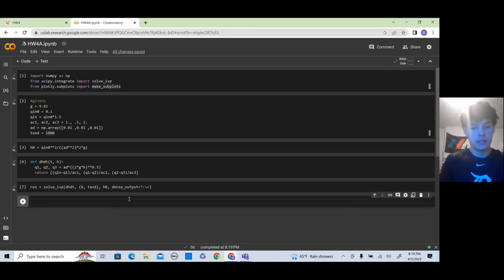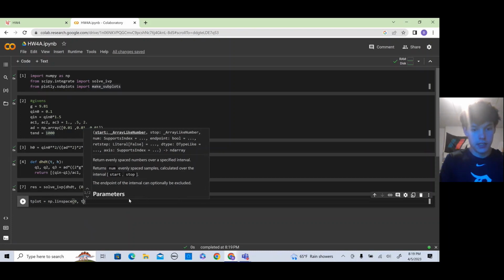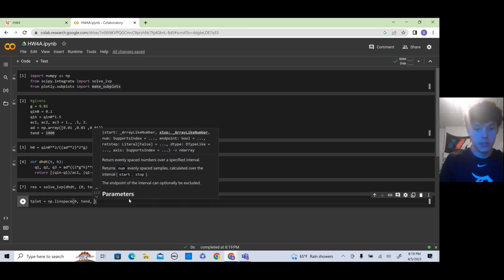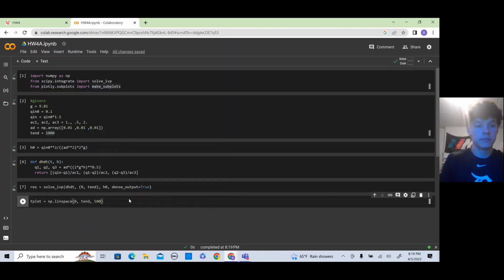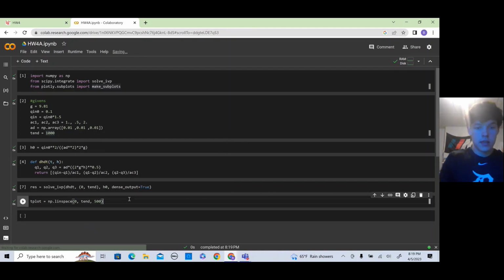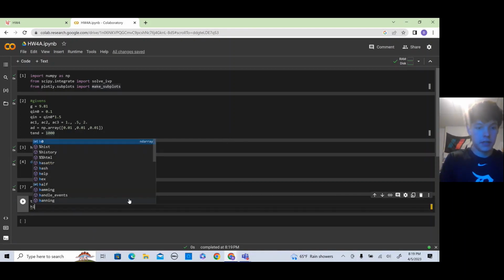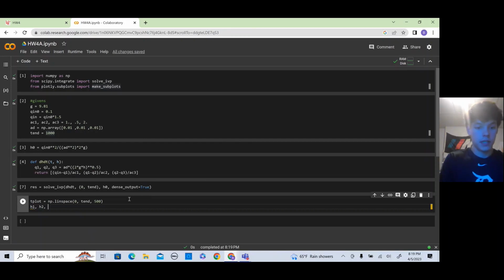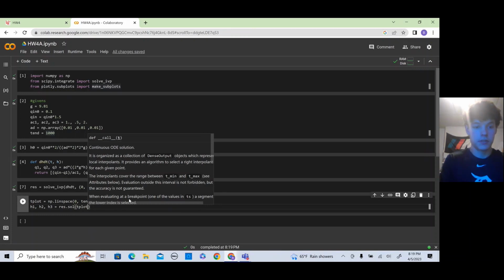And we'll need a range for which this can be plotted on, so our t plot will be equal to np.linspace from 0 to our t end, and we'll say we want 500 points. Now, to get our h values at each of these points, h1, h2, and h3 will be equal to res.sol of our t plot values.